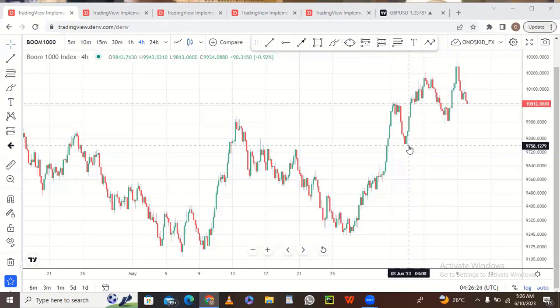Okay. So before I proceed, I know most of the time many of you might think that the only market I trade is the synthetic. No, I trade both the forex market as well as the synthetic. I keep telling people that once you have a skill, you have it. There is no two ways about it.